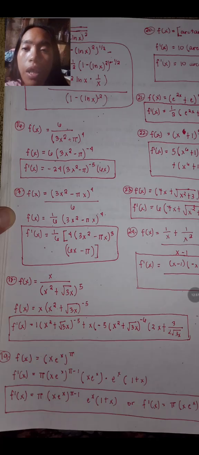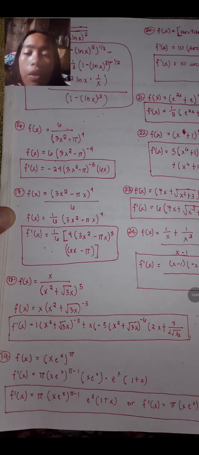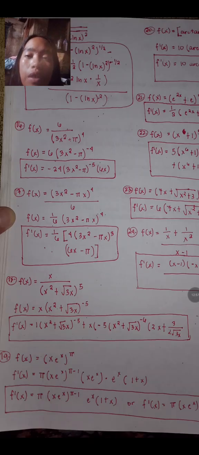So f of x is equal to 6 times 3x squared minus pi to the negative 4. So f prime of x, using the chain rule again, is negative 24 times 3x squared minus pi raised to negative 5 times 6x.